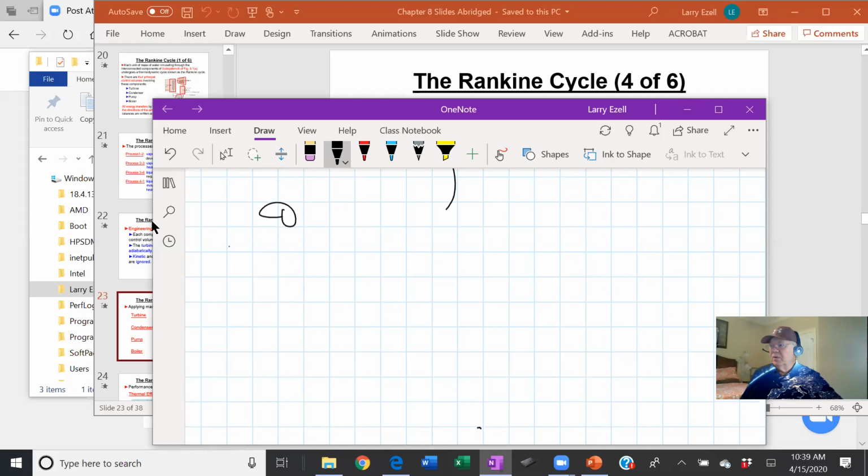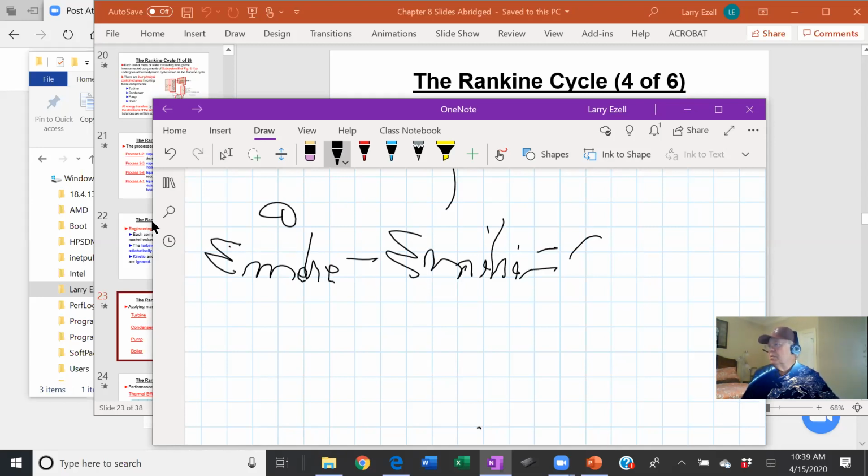Remember, the basic way we wrote our energy equation is the sum of m exit h exit, minus the sum of m h inlet, is equal to Q control volume minus work control volume.